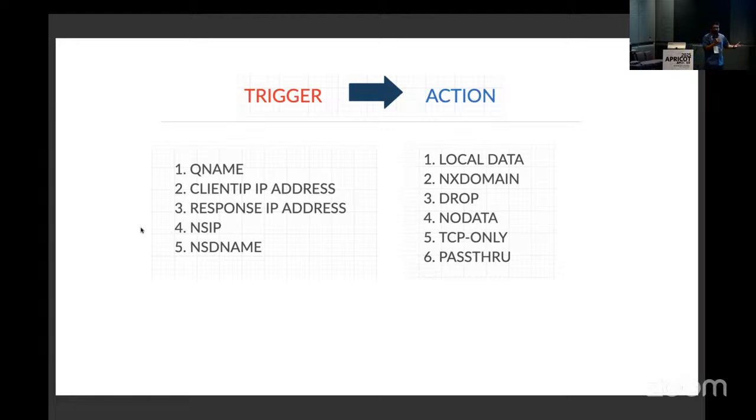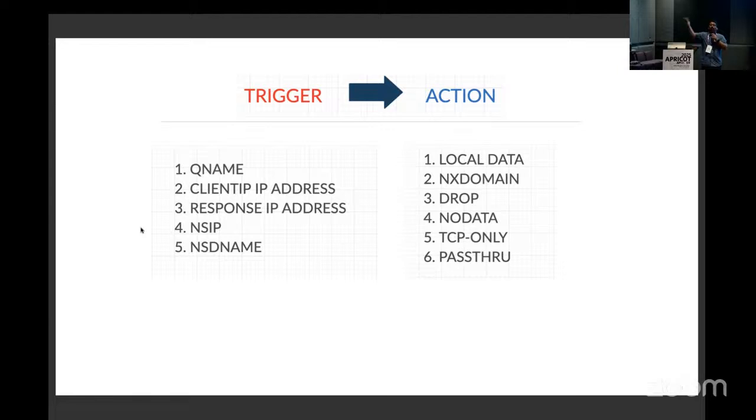Response IP address: when I say response IP address, it is the IP address in the DNS payload. So when the response is coming back to the recursive resolver, based on the IP address, we can have an action. If you have a list of bad IP addresses, you put it in the zone file, and you use this method: any domain name pointing at that IP address, block.